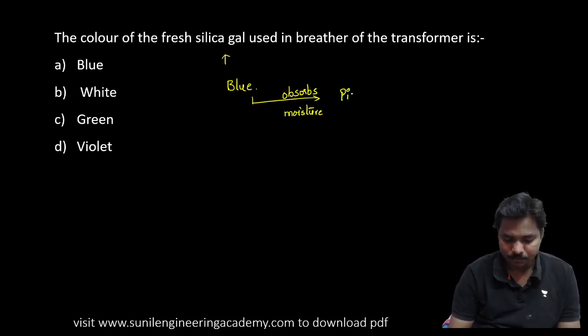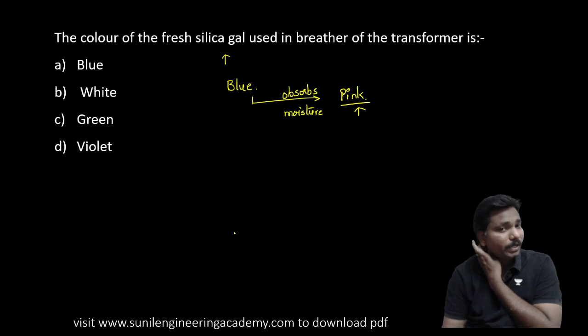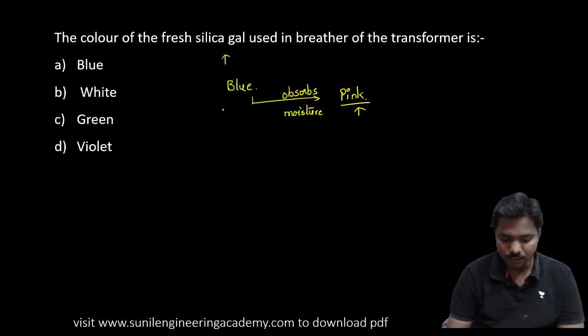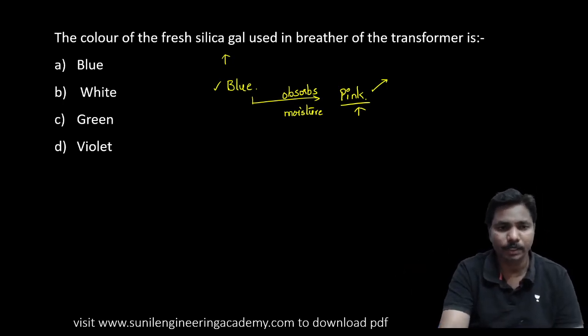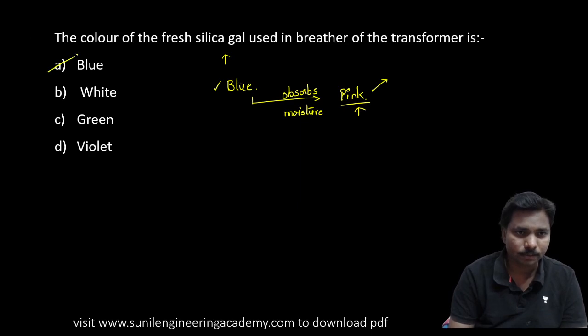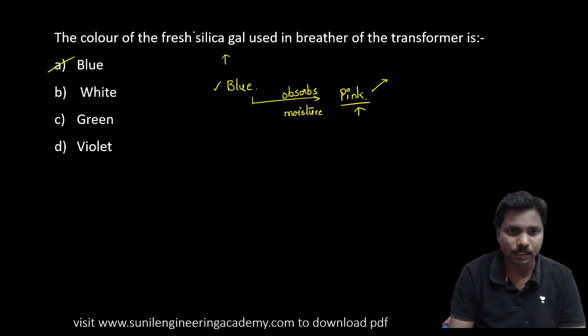So this is also a very important question. Whenever the silica gel in the breather becomes pink, we have to change it with a new one, then it has the absorbing capability. So the answer is blue color. Fresh silica gel is blue color.